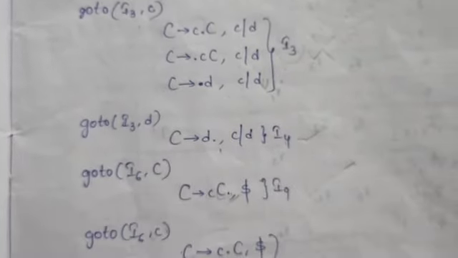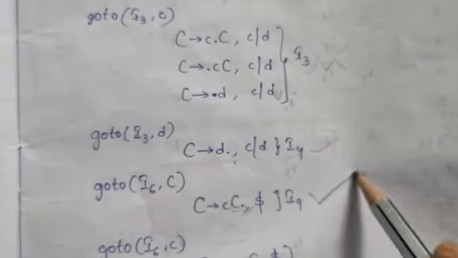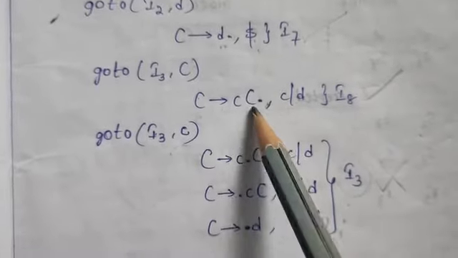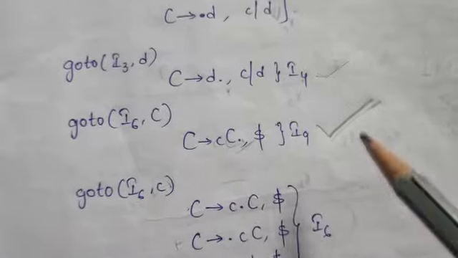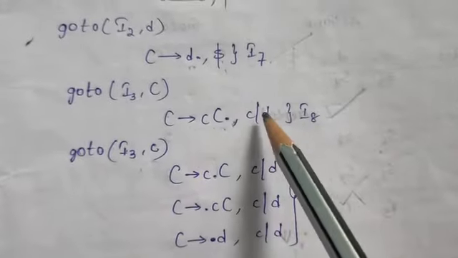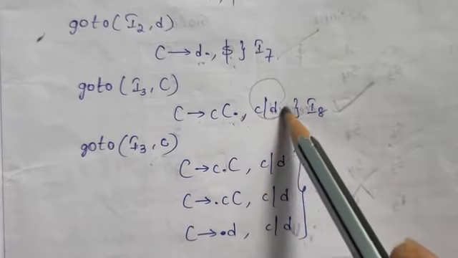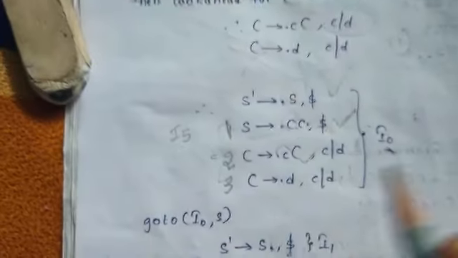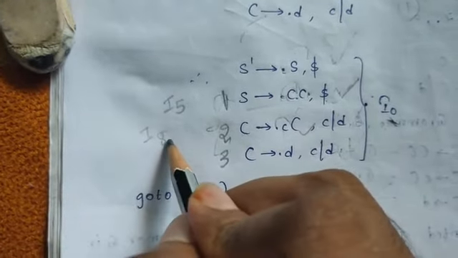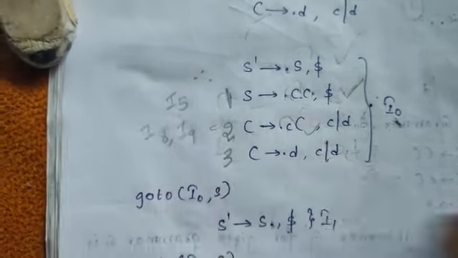In I9 also the dot will be at small c capital C dot, here also small c capital C dot, but in I9 the lookahead is dollar and here the lookahead is C/D. So no need to worry, take those two into consideration, I8 comma I9.